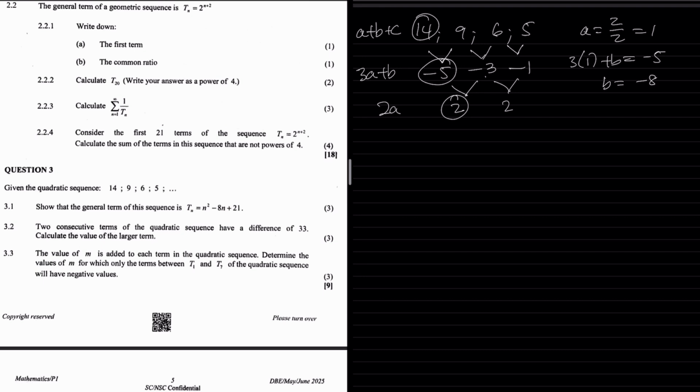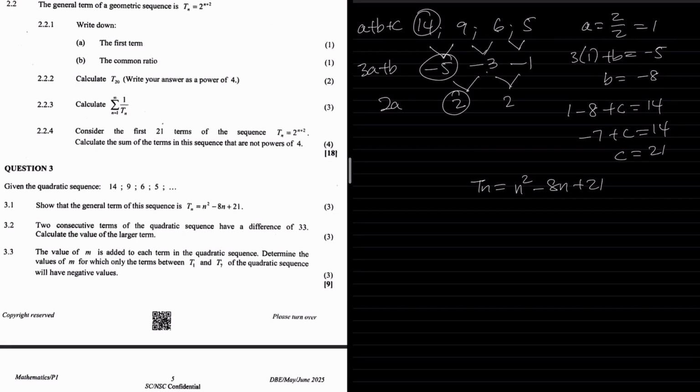And then the last one, a plus b plus c: a is 1, b is negative 8, so 1 minus 8 plus c is equal to 14. So 1 minus 8 is minus 7, plus c is equal to 14. c is equal to 21. And therefore we got our answer, Tn is equal to n squared minus 8n plus 21.